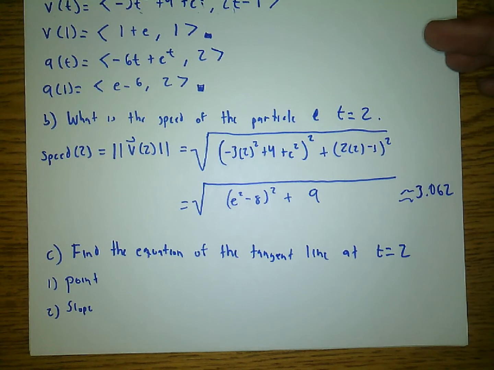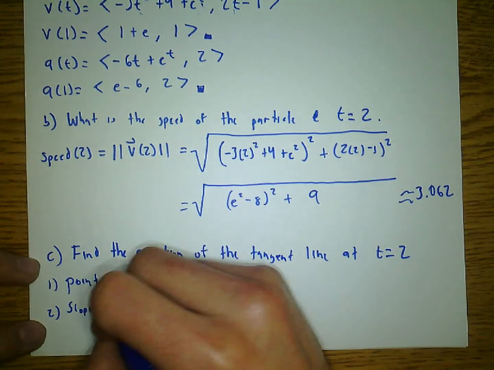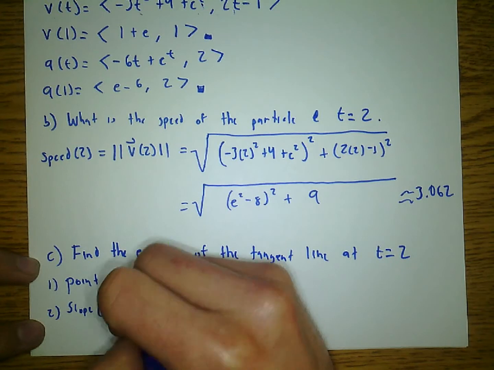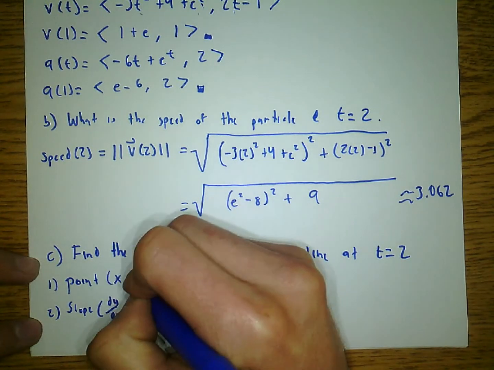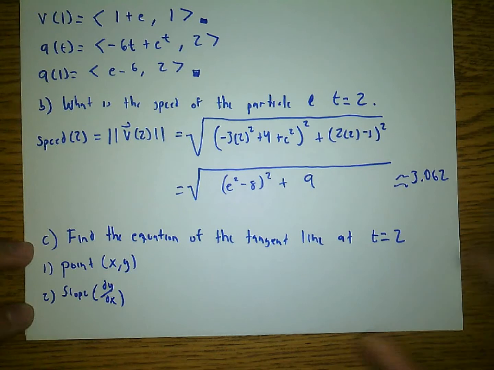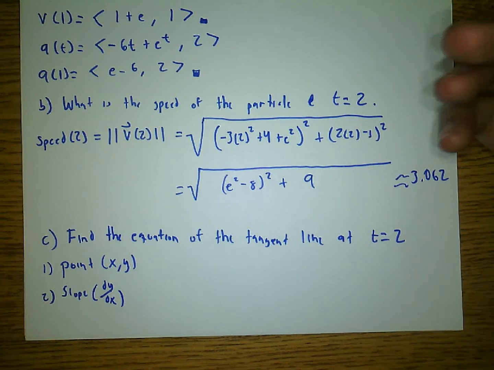Isn't this basically like dealing with parametrics, even though we're dealing with a vector? So part C is kind of taking you completely away from the idea of motion. We're not even talking about motion anymore. It's just like, hey, can you find a tangent line here? So for tangent lines, we need y and x, which means we're going to have to find dy over dx, which means we need to find a point that is (x, y), which we don't have. So how am I going to figure out both of these things?